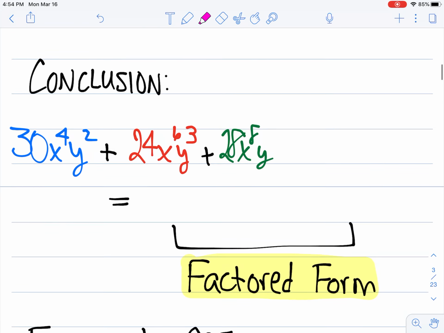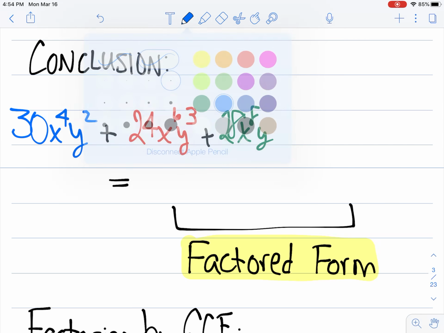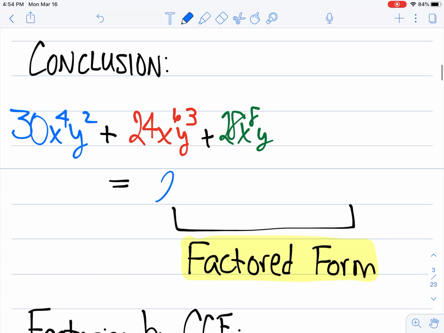So in conclusion, the factored form of this polynomial is the GCF times whatever is left over. And we know that the GCF is the value 2x to the fourth y.